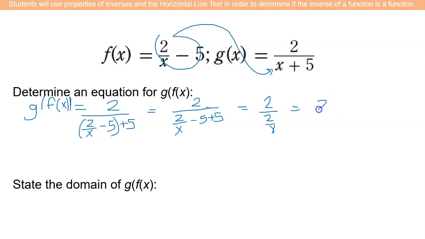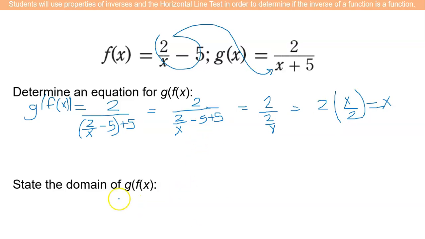So that's 2 times x divided by 2, which gives me x. Which means since f of g of x equals x and g of f of x equals x, they both are inverses of each other. So this is a situation where these two functions are inverses. If you are asked to show that they are inverses, these are the steps that you go through.